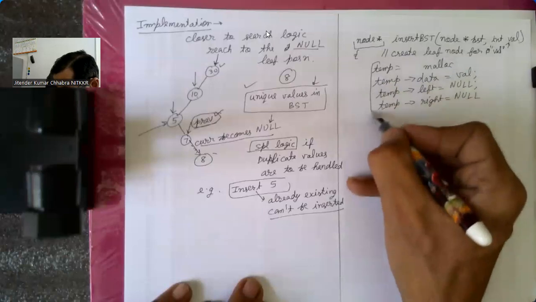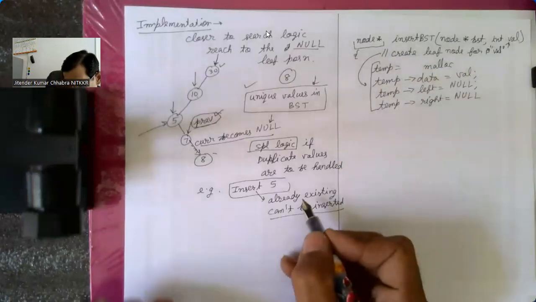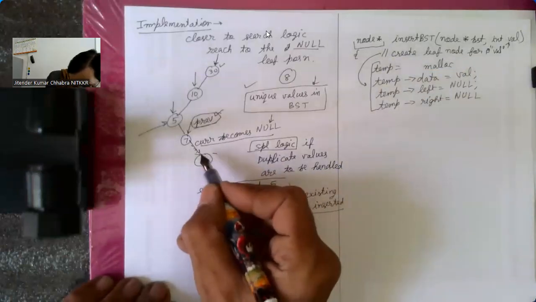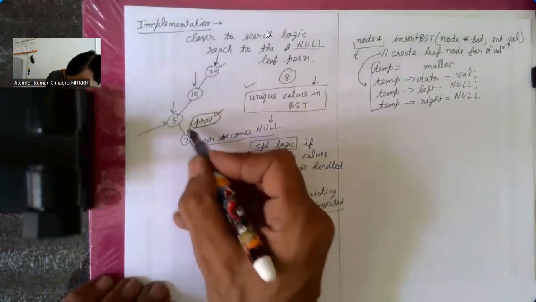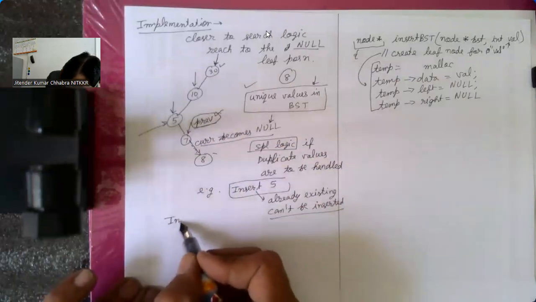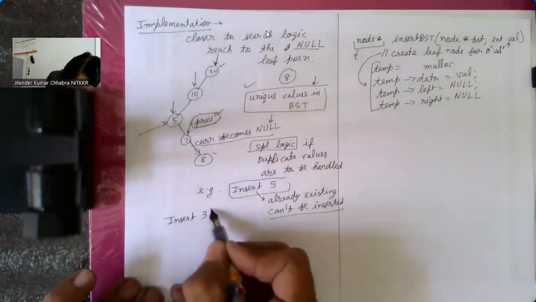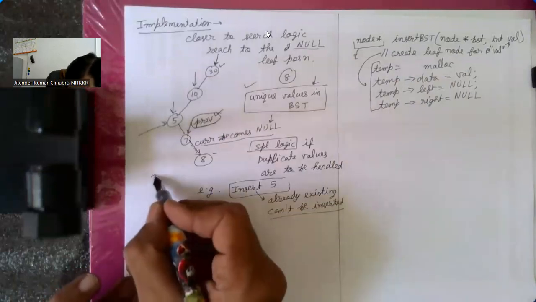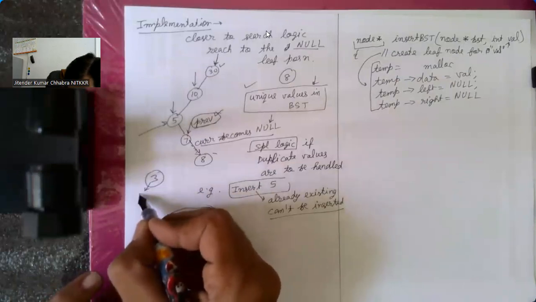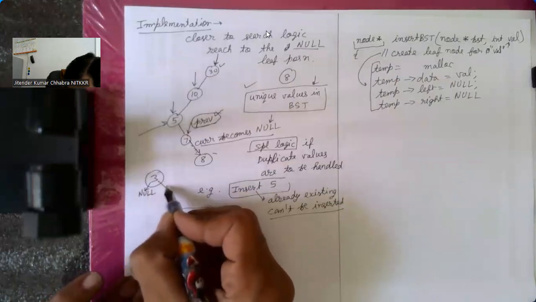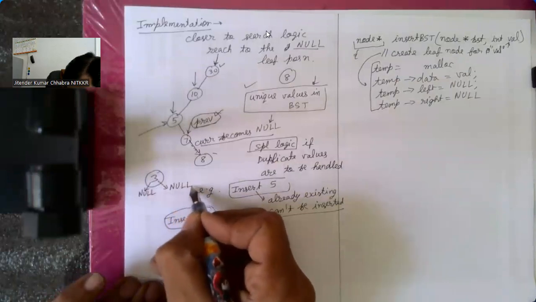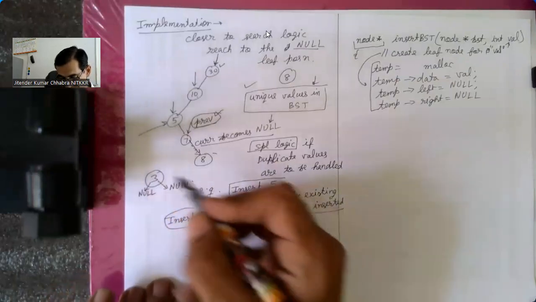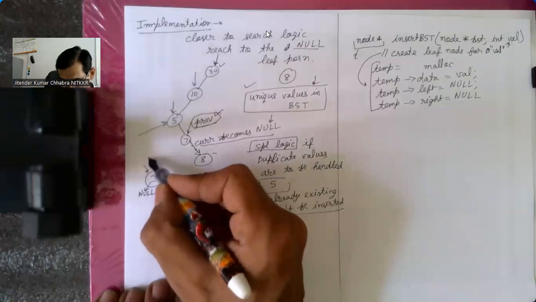So this work is done. For example, I wanted to insert 3. I will need one node having value 3, this side null, this side null, and this will come somewhere, linking. First, this is your temp pointer.